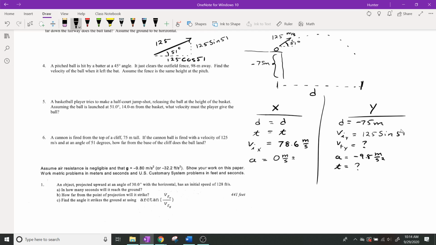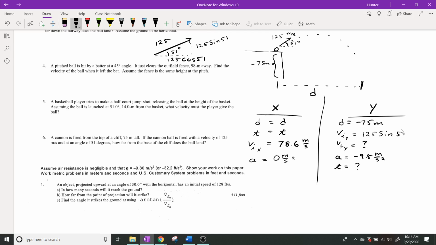Okay. So we have a couple of pieces of information, and where would y'all like to go with this? Well, ultimately we're trying to find the range. If we had the time, we could just use velocity equals distance over time for the x direction because things going in a projectile travel at a constant speed.